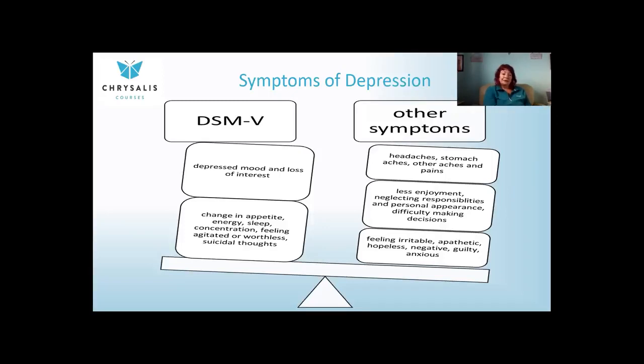Now, the diathesis stress model of depression observed that depression has a tendency to be inherited, yet also shows a significant relationship to life stressors. So diathesis means a vulnerability or a predisposition to developing depression.